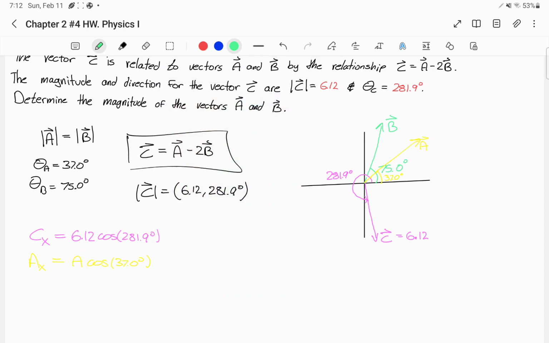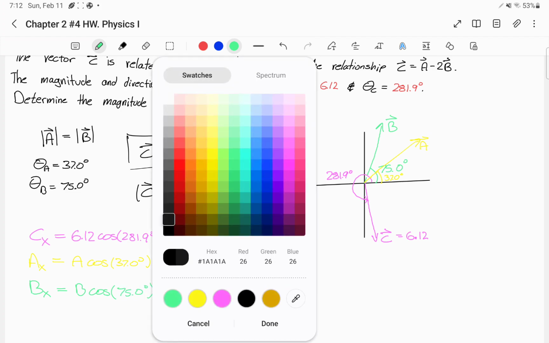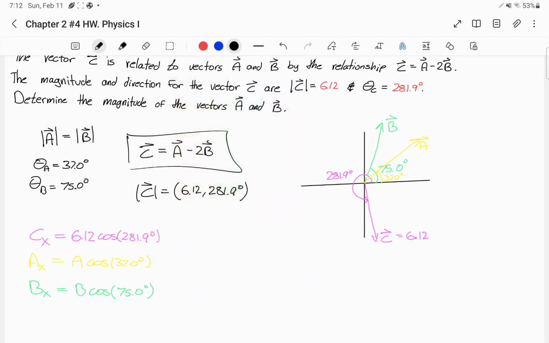Now the same for B. For the x component of B, again, we don't know the magnitude, but we know the angle is 75.0 degrees. Because we have this relationship where vector C equals A minus 2B, we can use that to find the magnitude of A or B.